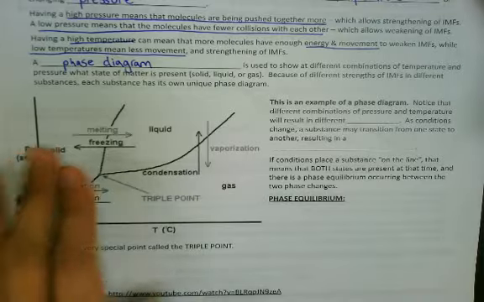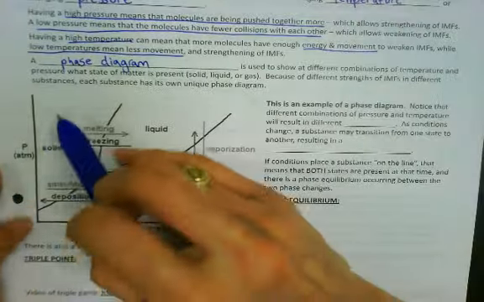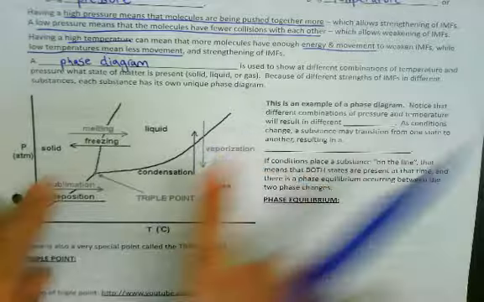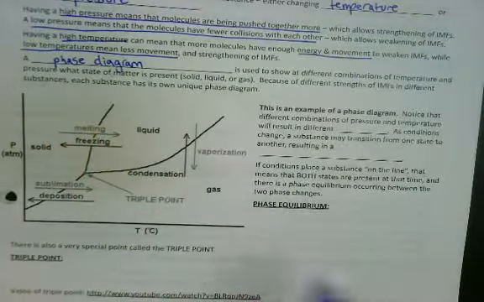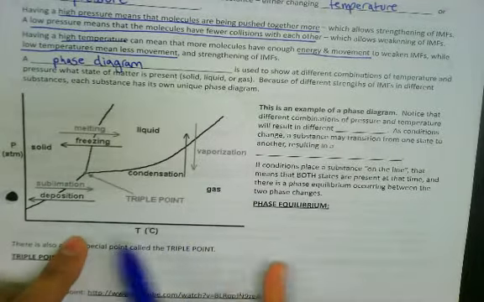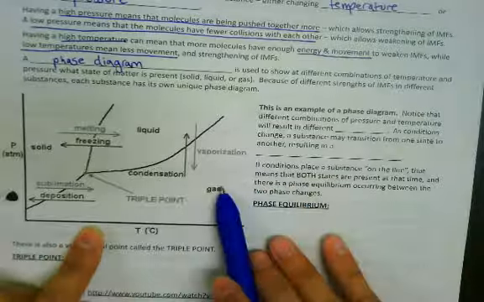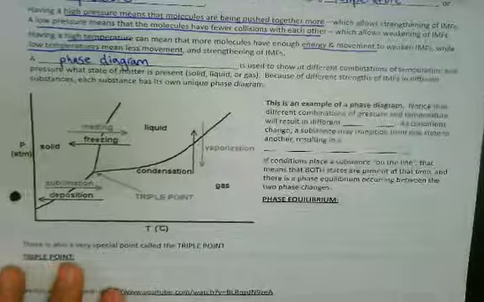So I want you to notice where the solid, the liquid, and the gas are positioned. Solid is always going to be this segment to the far left. Liquid is always going to be kind of this weird area in between, almost this fork in the line. And then gas is always going to be the area that is closest to the x-axis, okay? So there's your gas, your liquid, and your solid, your three states that we are concerned about in this class.